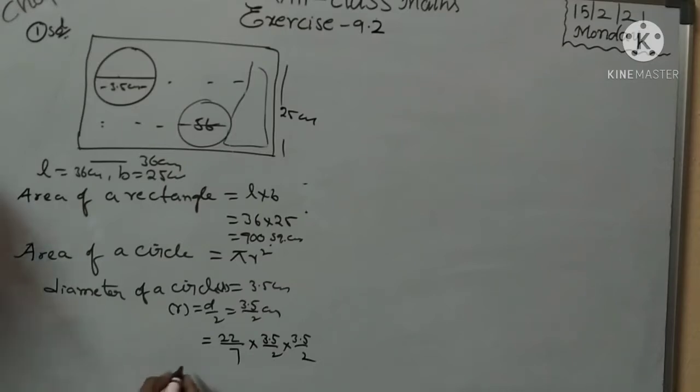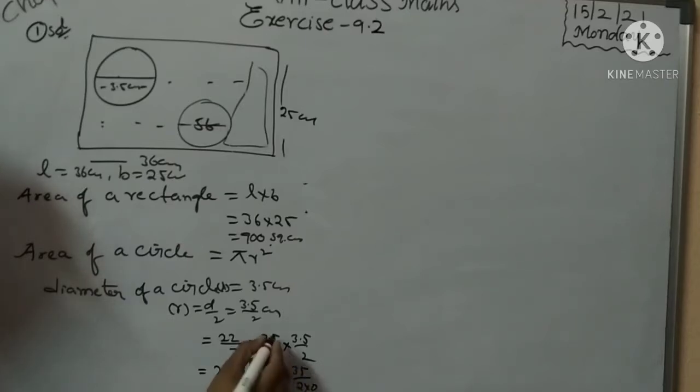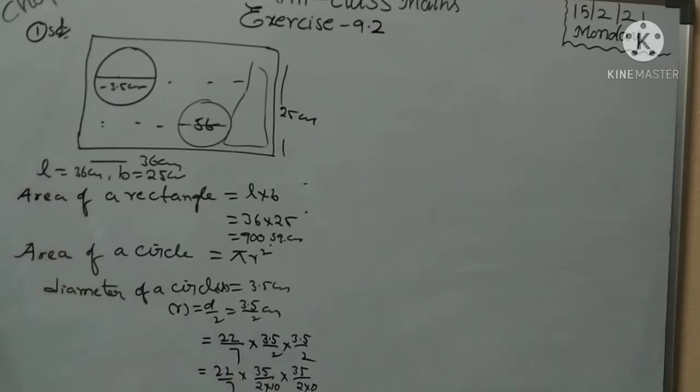Now observe, remove the point. We will write 35 by 2 into 10, into 35 by 2 into 10. Because after the point there is 1 digit, we write the denominator 1 followed by a 0. The denominator 2 is already there, so 2 into 10 and here also 2 into 10.